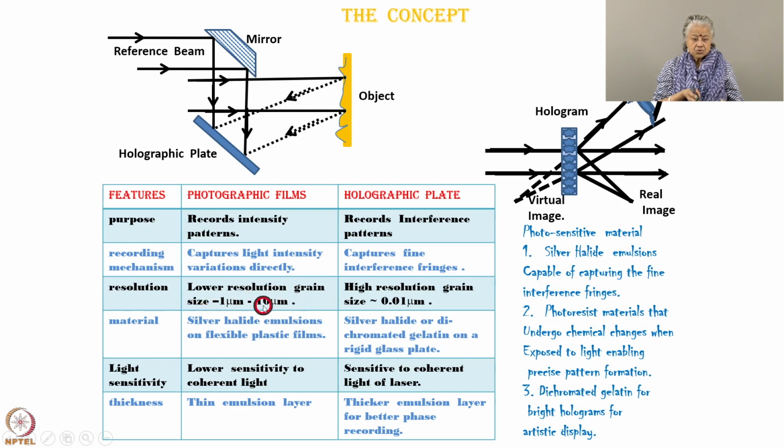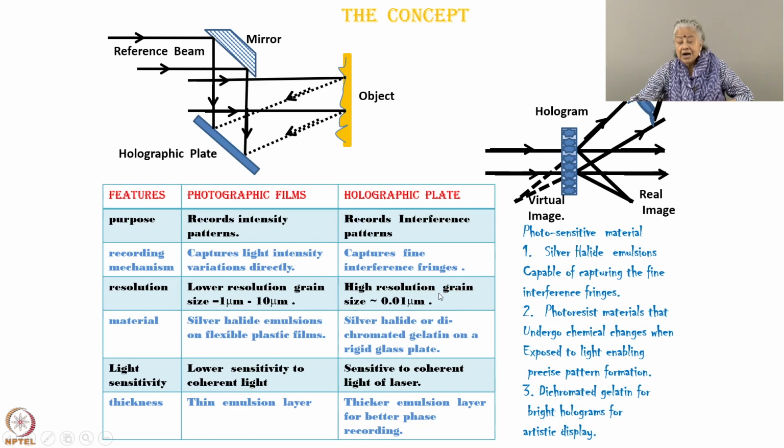If it is close to 10 or a little more than 10, it doesn't matter. Even if you made it smaller than that, your total impression of the picture won't change much. So you can afford to have grain sizes of more than 10 microns also. But a holographic plate needs a high resolution grain size, 0.01 micrometer on average.